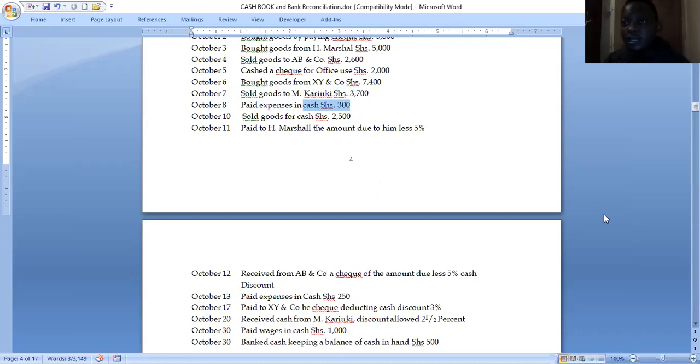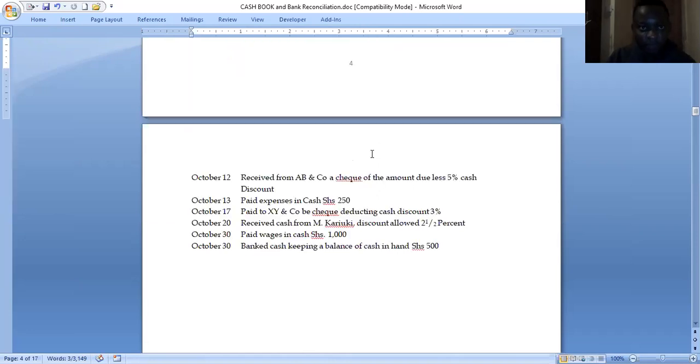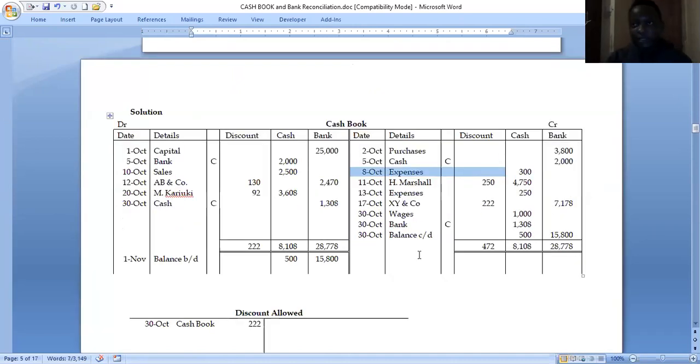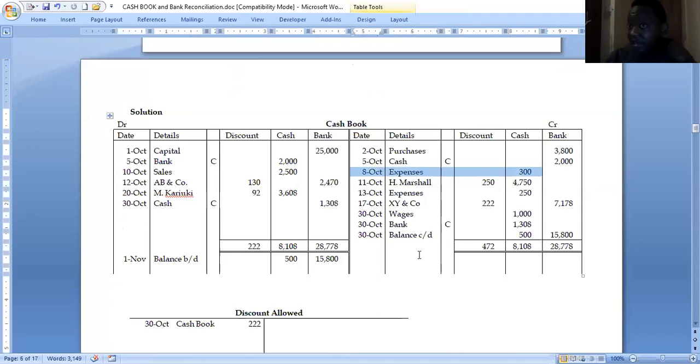Whenever an asset is decreasing, you're supposed to credit. So cash, being that it is going down, is supposed to be credited. As such, we debit expenses and credit cash. So as you can see in our cash book on October 8th, credit cash by expenses, 300 shillings.